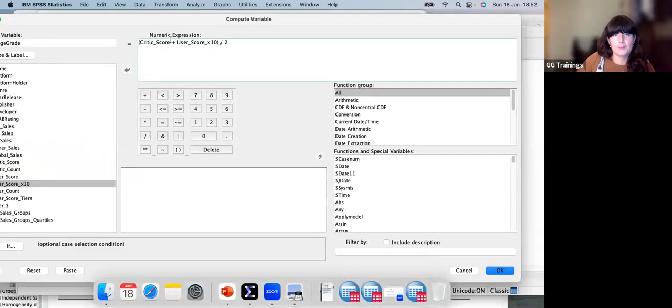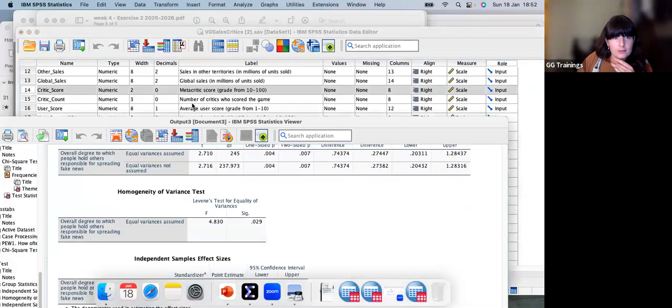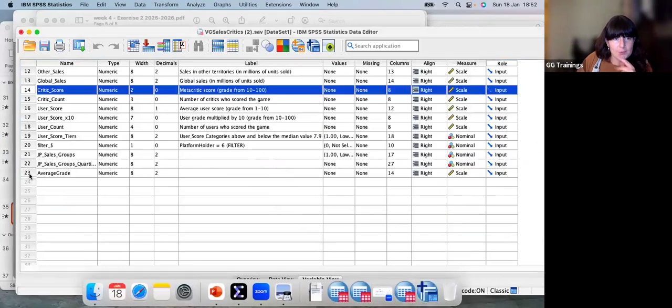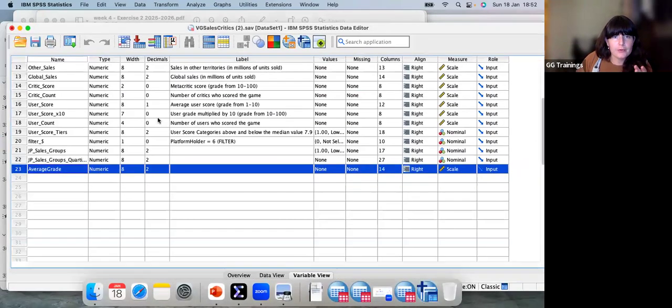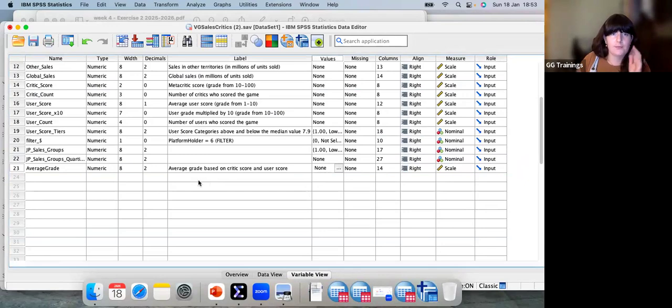Okay, and we're good. So there's your new variable. Let's say average grade based on critic score and user score. Okay, and it's an interval ratio variable. It's interval specifically, so we can leave that as none.